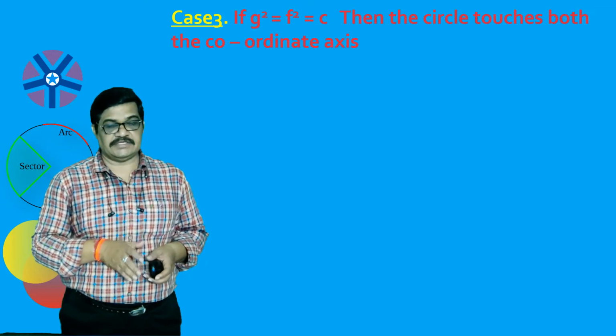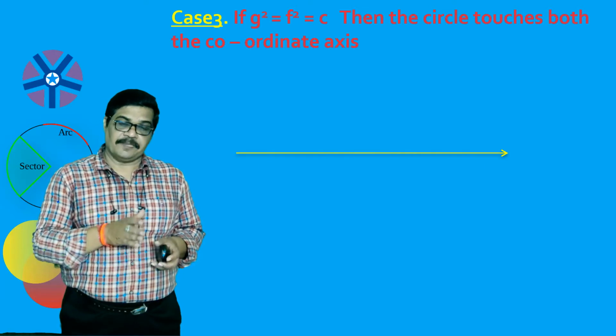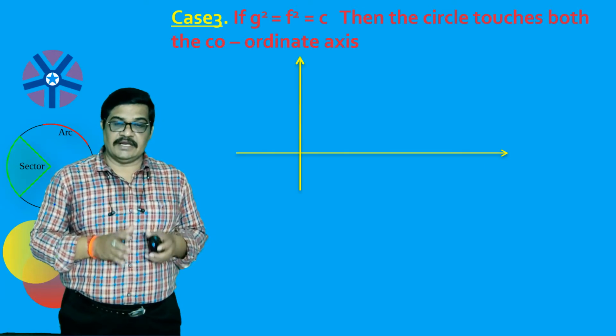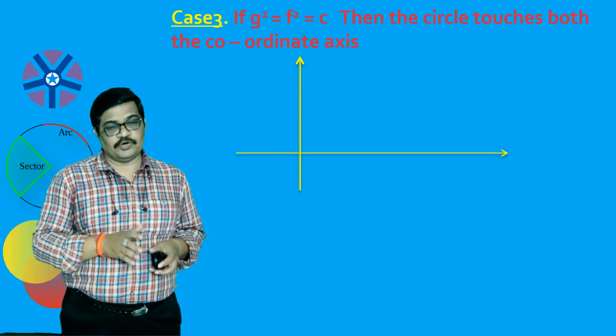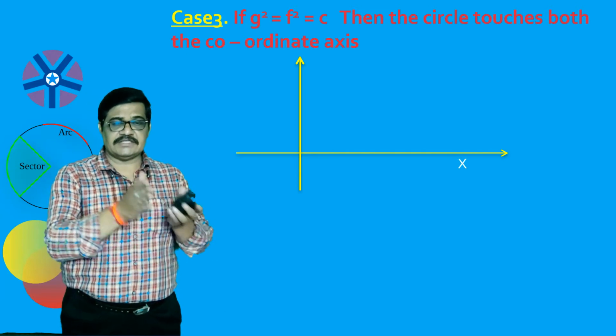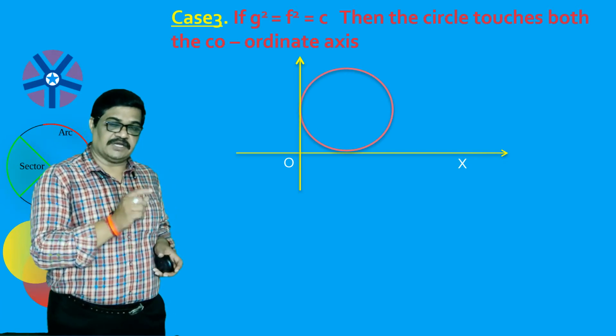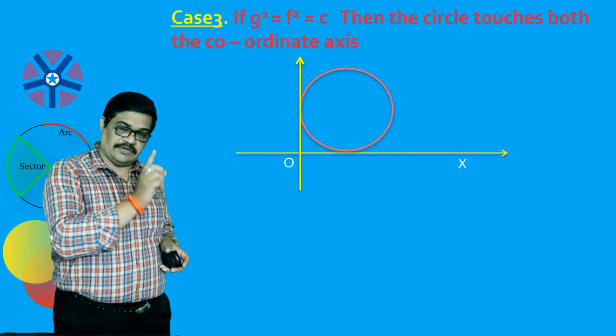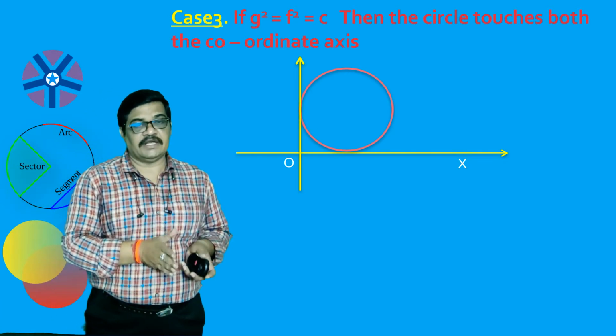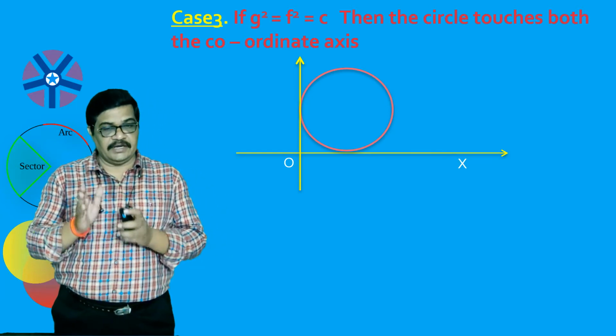So this is the x-axis, this is the y-axis. In this case, the circle touches both the x-axis and y-axis. Okay, this is the condition: g square is equal to f square is equal to c.